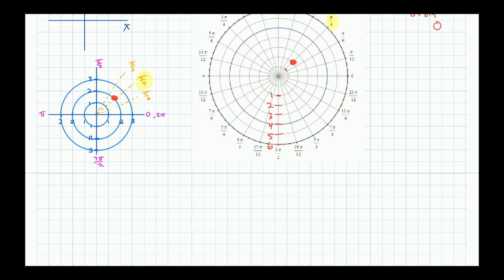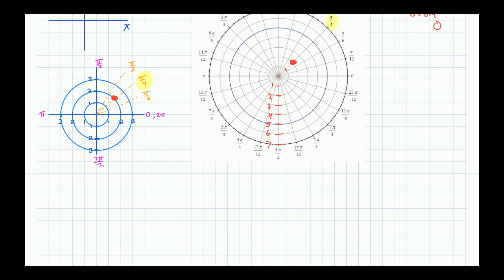So you've got, this is all r equals 1. This is all r equals 2. The next circle is all r equals 3. Oh, oops. I marked this as 1, but this should have been 1, so I labeled all those points wrong. Should have been 1, 2, 3, 4, 5, 6, 7.